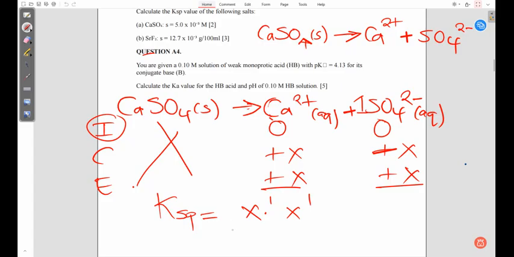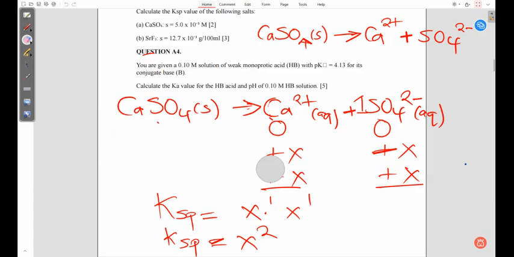For the Ksp, we start with a solid, so it doesn't appear in the K expression. So our Ksp value just becomes x squared. That's why it's possible to predict even without the ICE table, because we know that we don't have reactants appearing in the expression. So how do you do that directly?